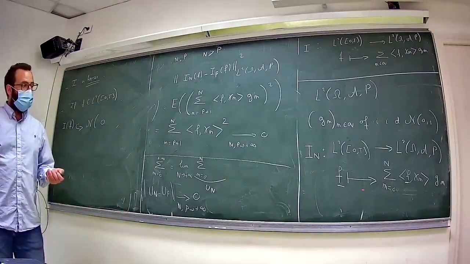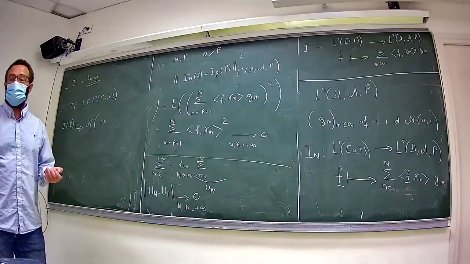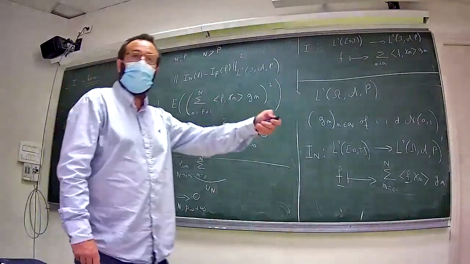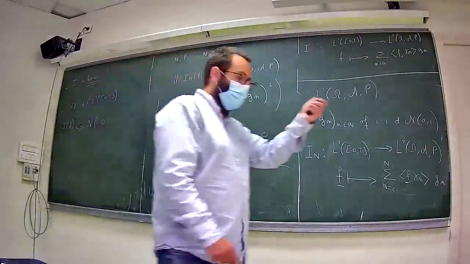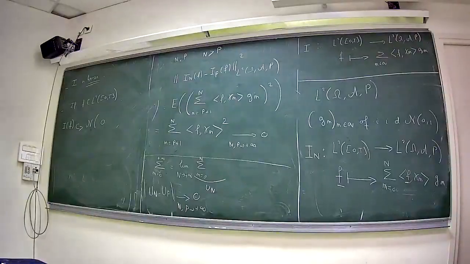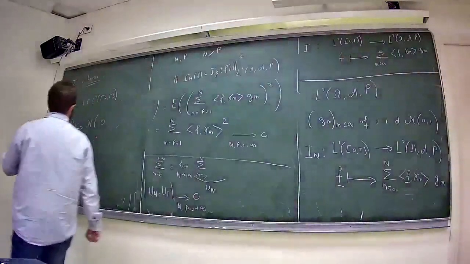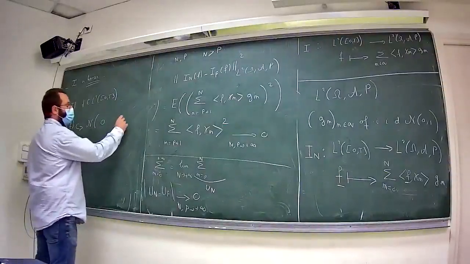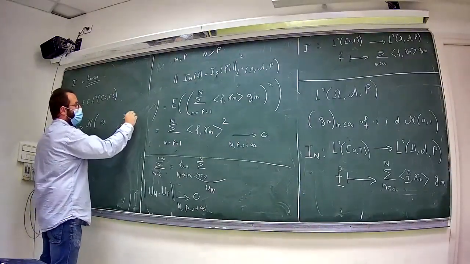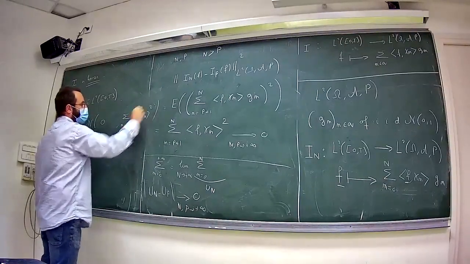I have proved that the variance of this one is just the sum of the square of the coefficients, and I can pass to the limit, because if xn converges toward x in L2, the variance of xn will converge toward the variance of x. And so here I have the sum over n belonging to N of f of tn squared.